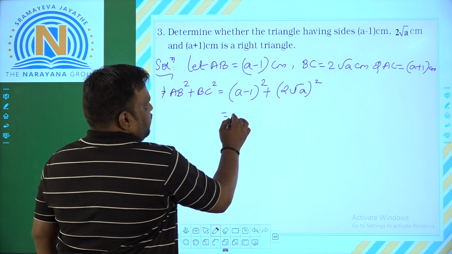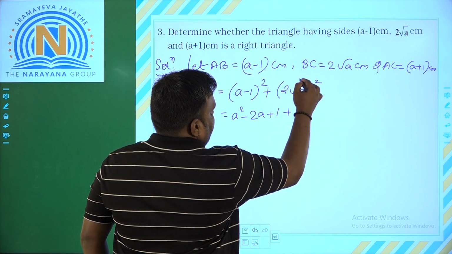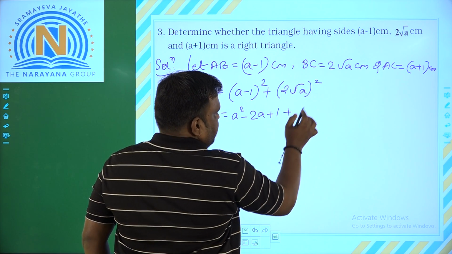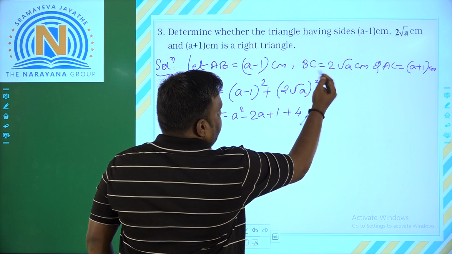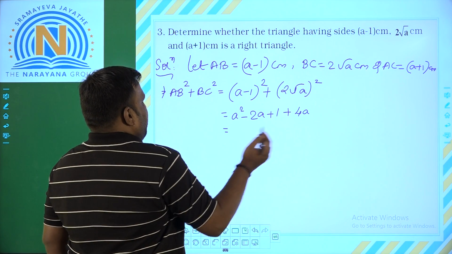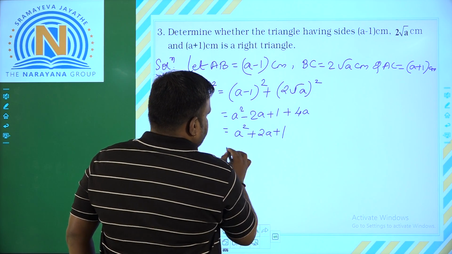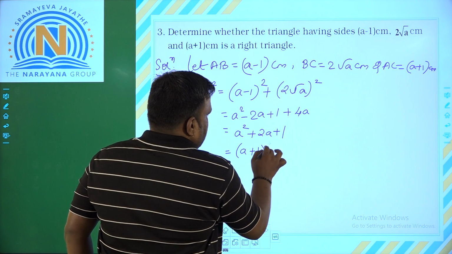So this is the a minus b whole square formula: a square minus 2a plus 1 plus, now the square comes for both the terms, so it will be 4 and root a whole square will be a. Now minus 2a plus 4a will be plus 2a. So I will be left with a square plus 2a plus 1, that is nothing but a plus 1 whole square.